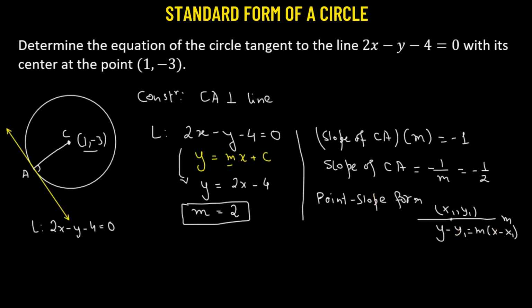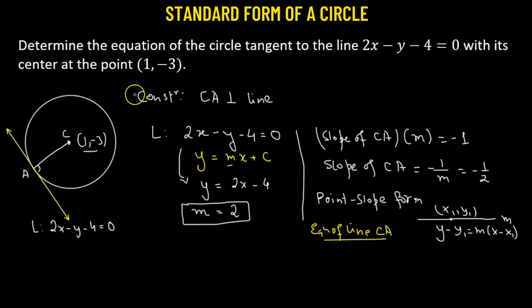So we substitute x1, y1 with the coordinates of C, which is (1, -3), and our slope is negative half. So we get the equation of line CA.